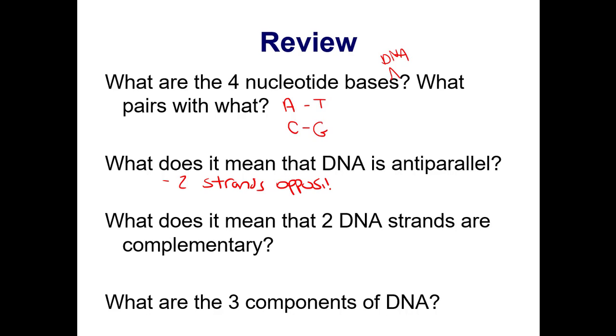Basically, the 5' end is always opposite the 3' end. What does it mean that two DNA strands are complementary? This means that the bases that are lined up in the center of the DNA strand will pair appropriately, either A to T or C to G.